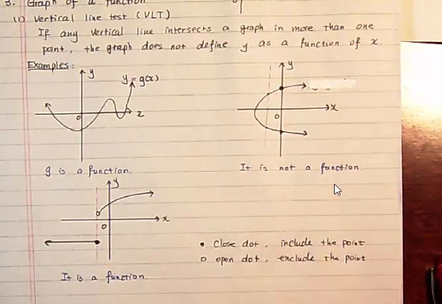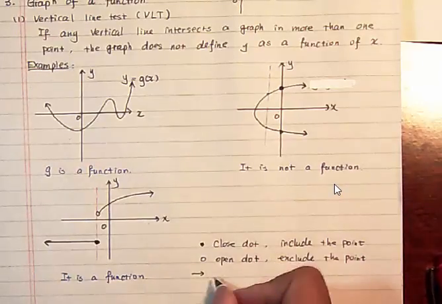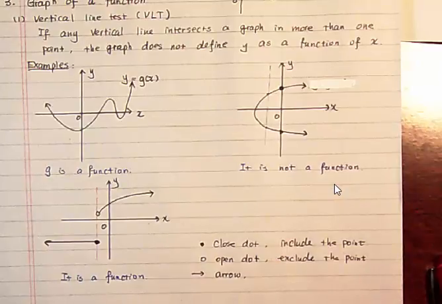You see some of my graphs have an arrow on them, so the arrow is indicated in this direction infinitely.